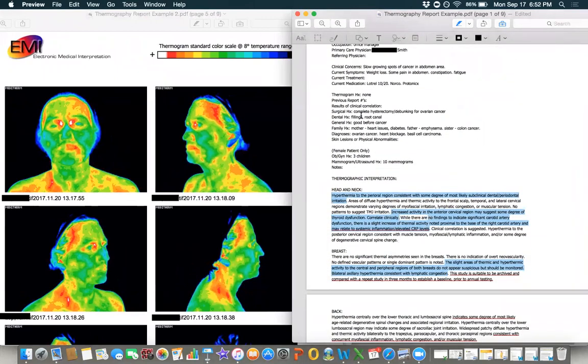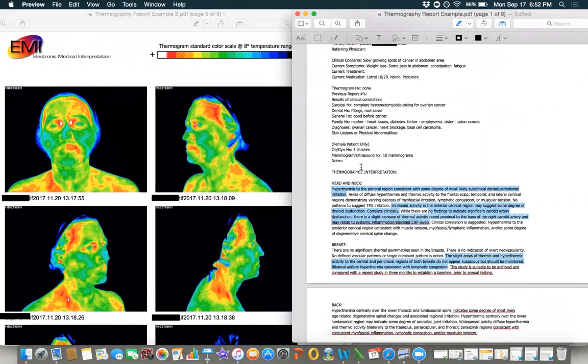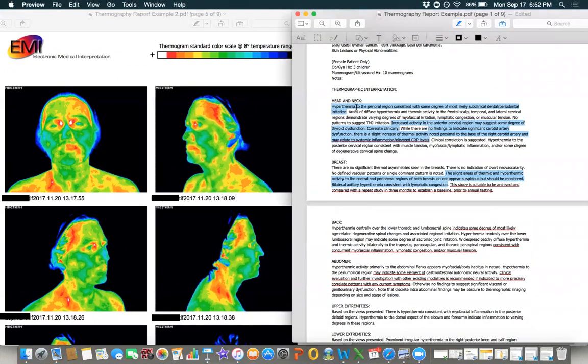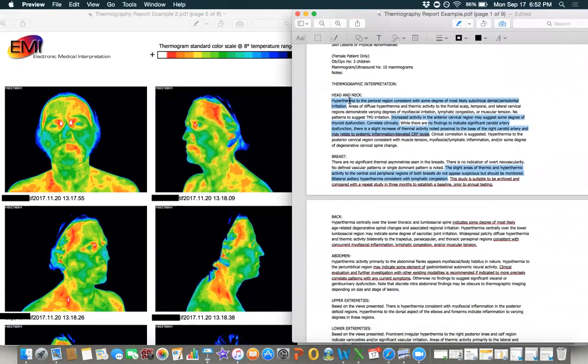Health history that you provided is located here. The thermographic interpretation is here. And they typically start at the top of the body. So the first section is the head and neck section. And the first thing that they mention that I want to point out to patients when I see this is hyperthermia around the mouth.